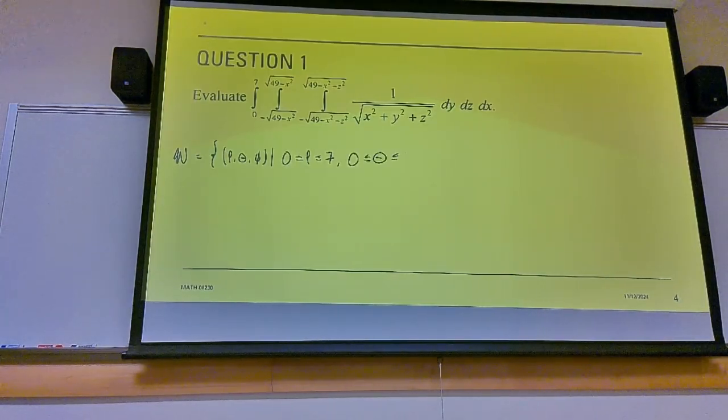Why do I write 0 to 2 pi? And what about phi? Negative pi over 2 to pi over 2? No, it's 0 to pi.